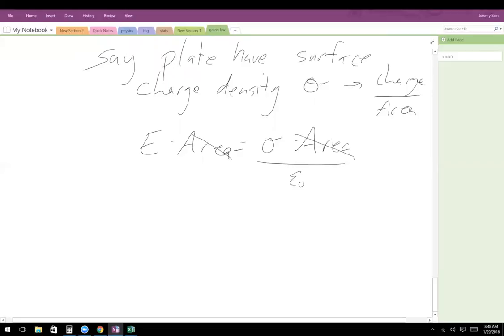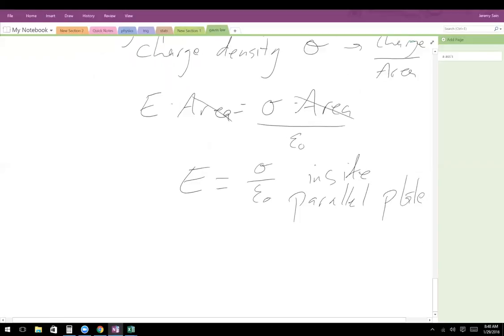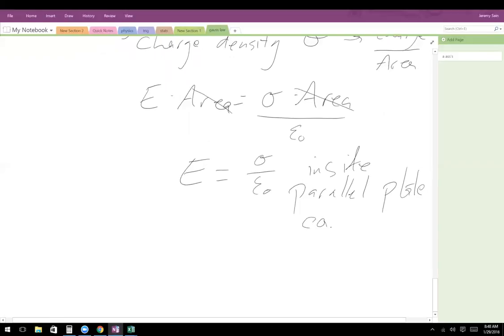The areas. So E is just sigma over epsilon naught inside a parallel plate capacitor. Which shows you why they're so useful.